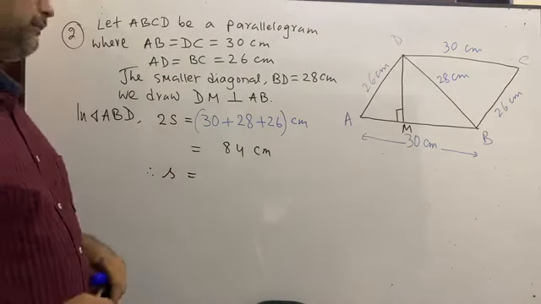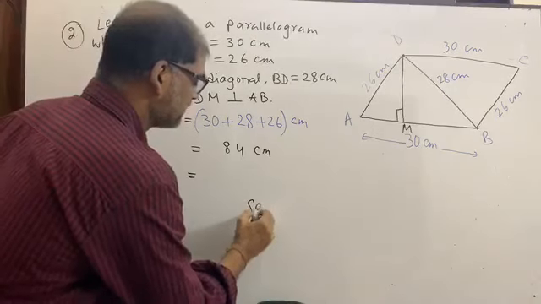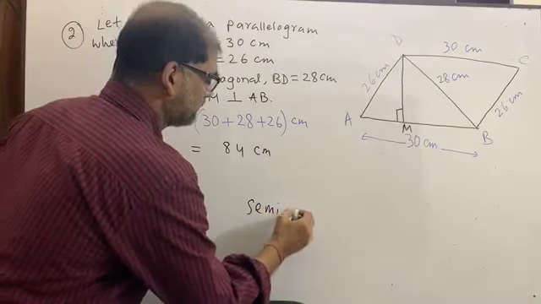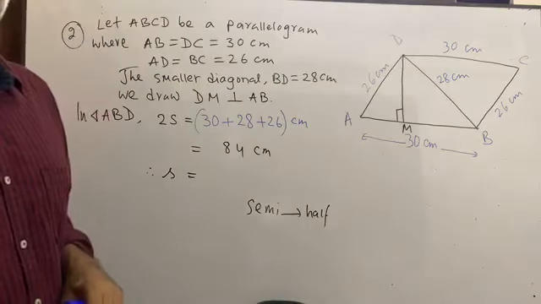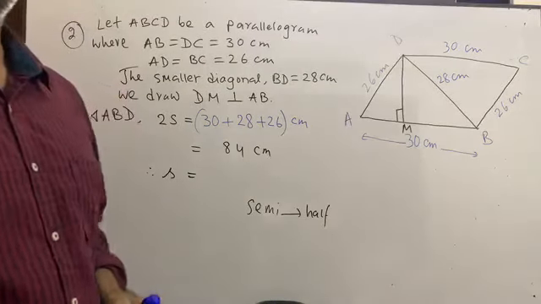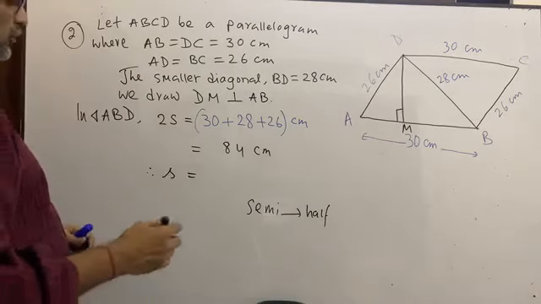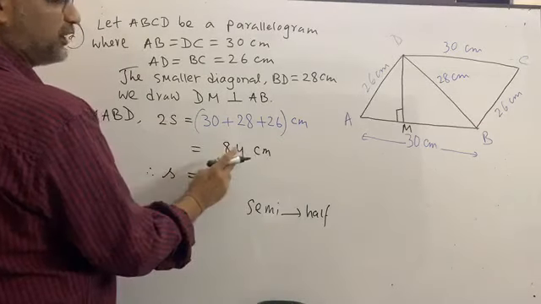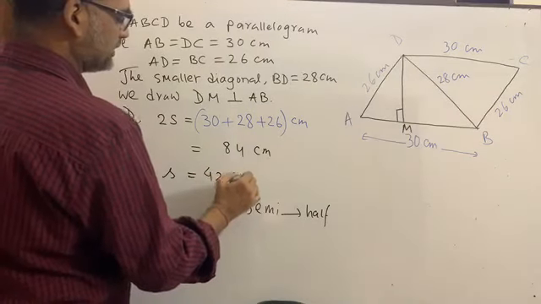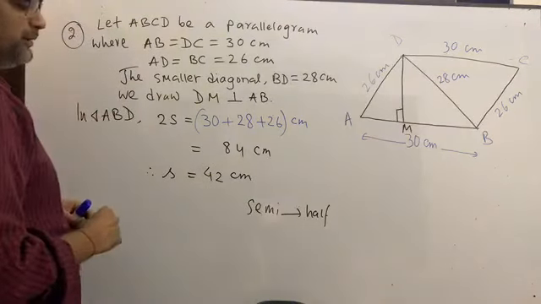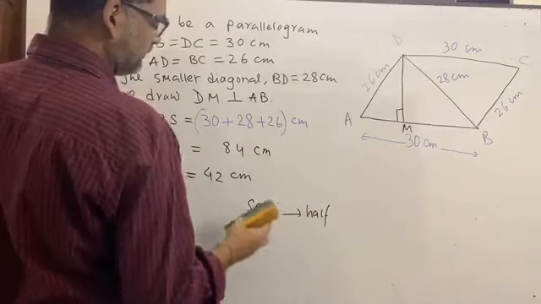Semi means half. Semi-perimeter means half the perimeter. So we can write twice S equals to 84. So S equals to what? 42 centimeter. That is, the semi-perimeter is 42 centimeter.